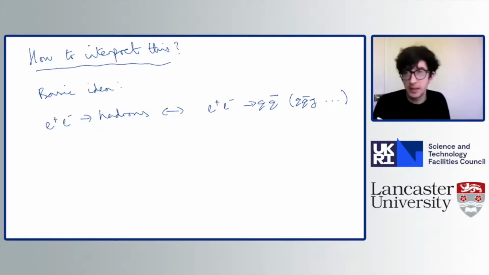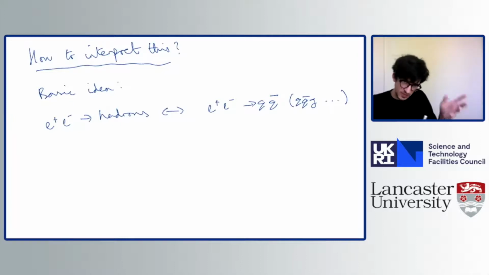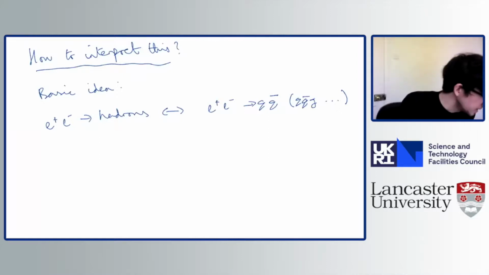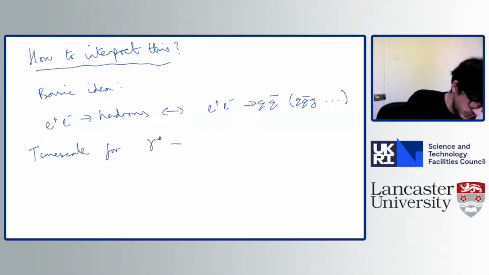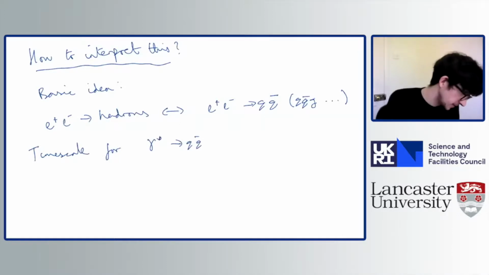The argument relies on a factorization argument, essentially. It's a factorization argument between the time scale of the production of the quark and the antiquark and the time scale over which hadronization happens. So let me clarify that. The time scale for, let's say, our off-shell photon to produce the quark antiquark, produced from the e+ e-, is of order 1 over root s.